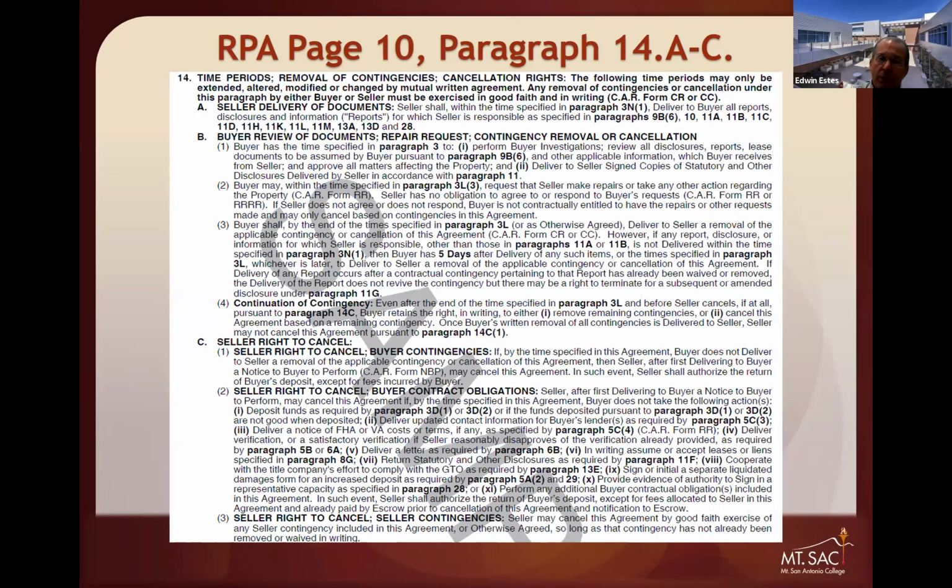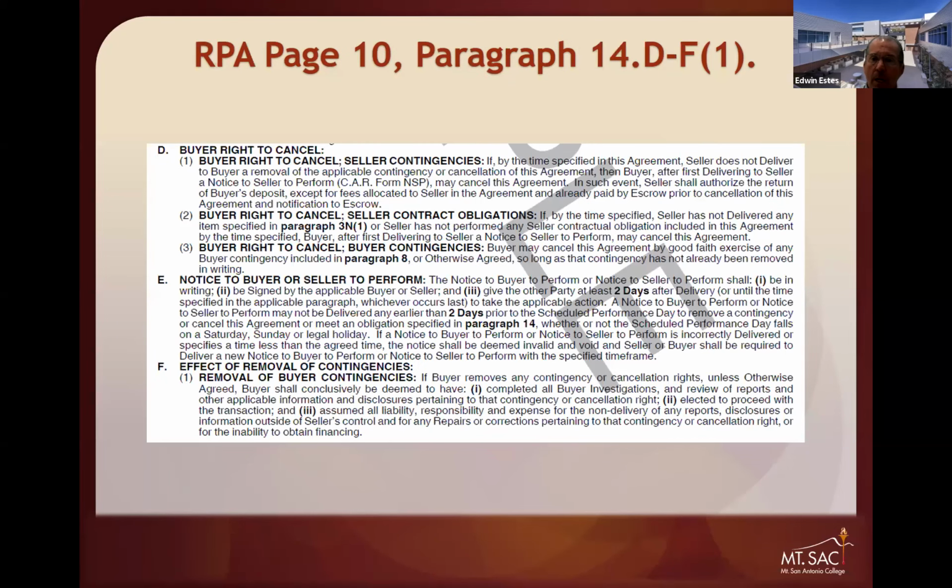Now, questions come up because it's found in this paragraph about what happens if we get to the end of the escrow. Okay, so the buyer's already released their contingencies. We're now at the end of the escrow, and nothing's happening. Loan doesn't fund.